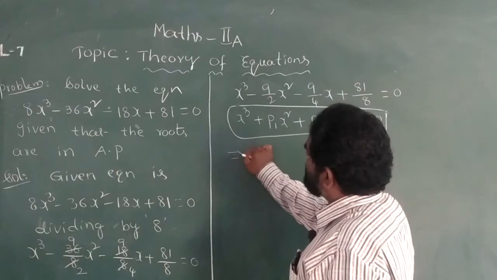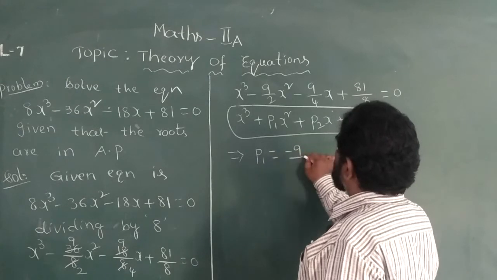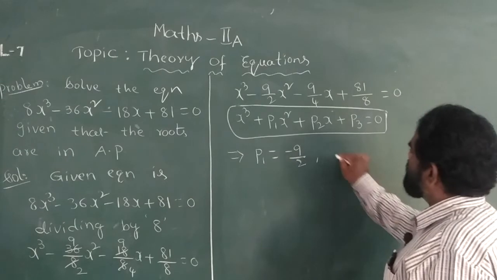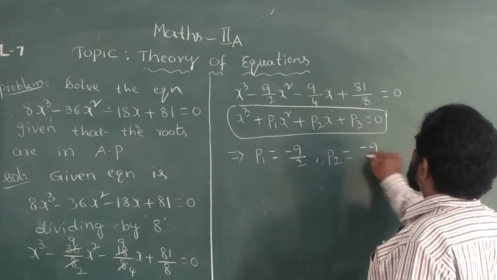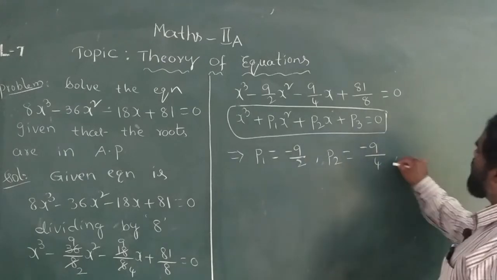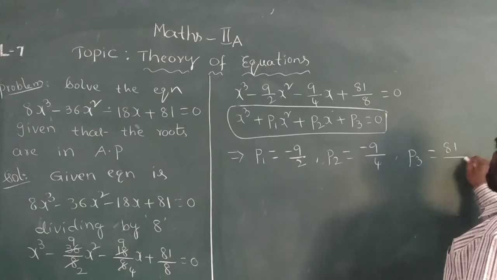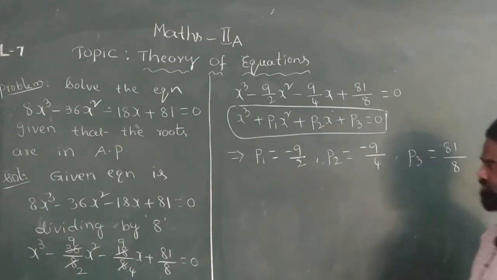This implies p1 equal to minus 9 by 2, p2 equal to minus 9 by 4, p3 equal to 81 by 8.